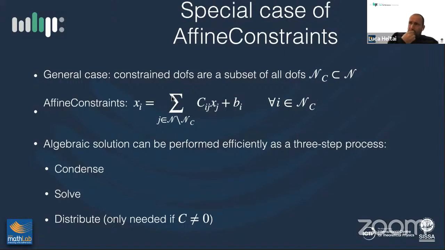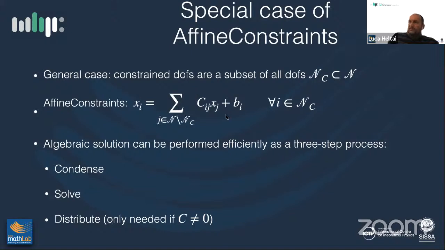In the general case, the constrained degrees of freedom, instead of being constrained to be something like in this particular case here, where C is equal to 0, if you want to constrain the ith dof to be equal to bi, here I'm using this as a set of indices. So NC are all the indices which are constrained, and N are all the indices in your degrees of freedom.